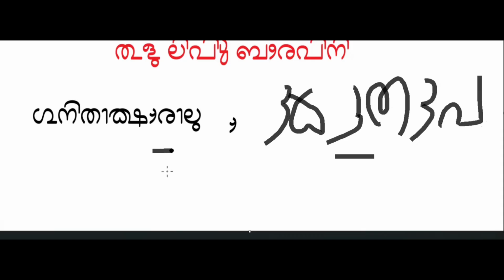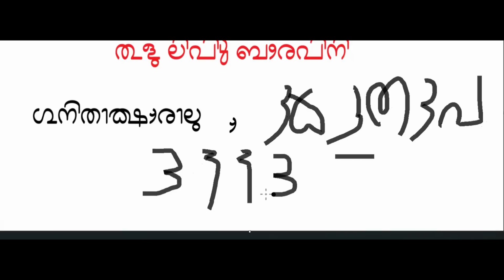Differentiate between te and e. In the above, this curve should be small for e. Te means like this it will come, e like this it will come. This is the difference between te and e.